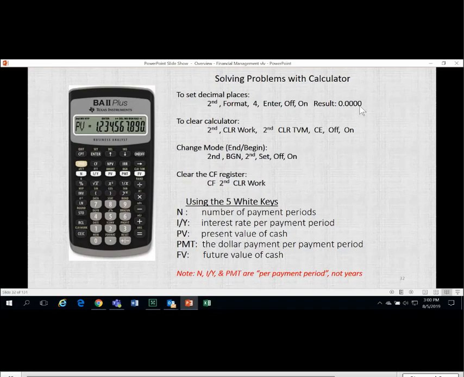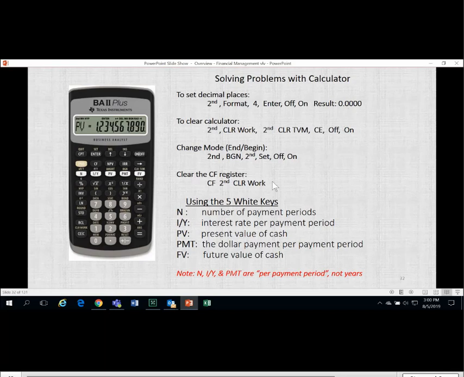If you only see 2 after the decimal, you go in, you say second, and you come down here, hit format, and then you type 4, and then hit enter, turn it off, turn it on, and you should see the zeros.